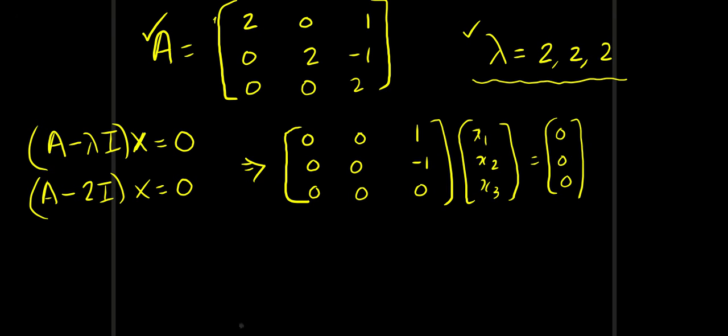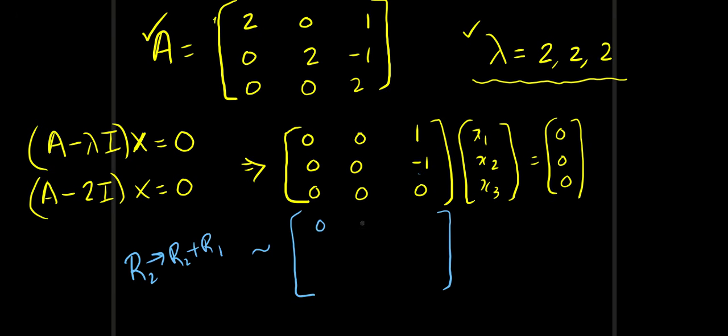Okay, I told you whenever the eigenvalue repeats, the first thing to do is put the matrix in echelon form. There is no element here, so there is one simple operation. R2 changes to R2 plus R1.